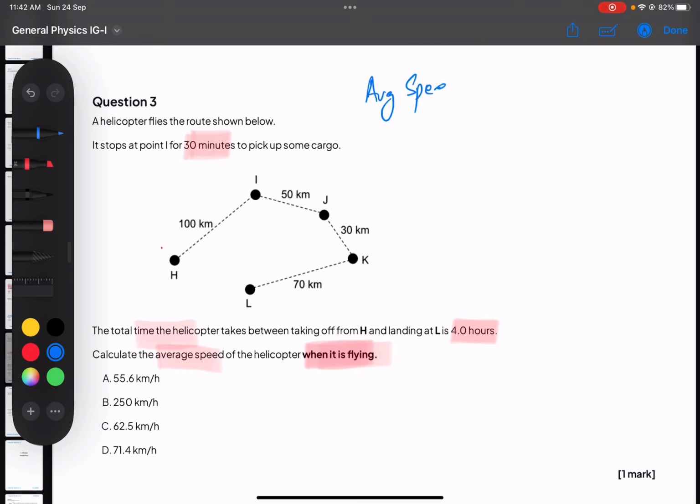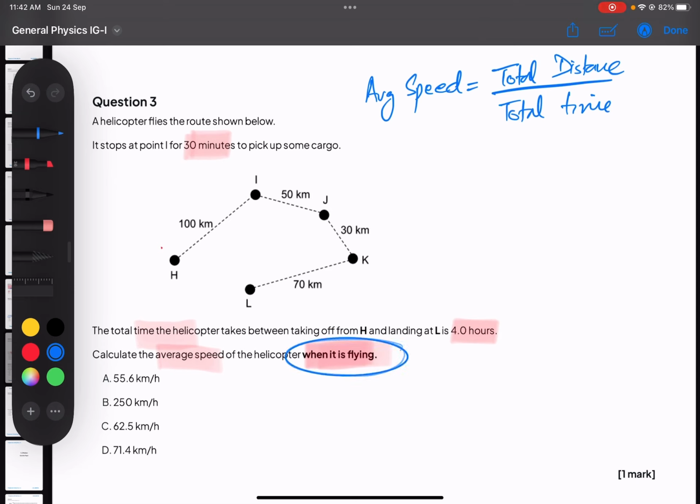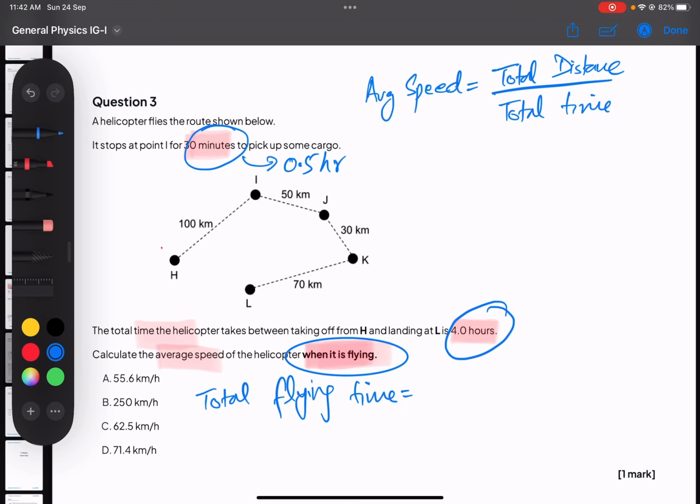Average speed is total distance divided by total time. But in this question, we have to find average speed when it is flying. The total duration is 4 hours, of which 30 minutes it was resting. 30 minutes is 0.5 hour. So total flying time is equal to 4 hours minus 0.5 hour. We have to subtract that resting time, so it will give you 3.5 hour.